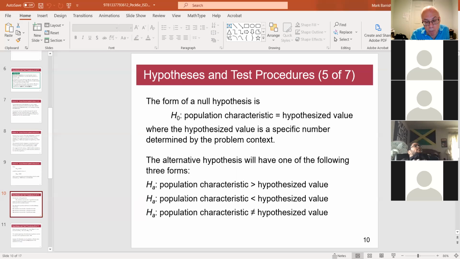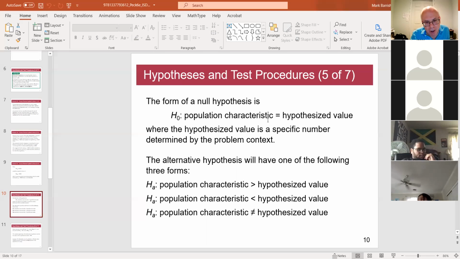And typically a word problem will give you enough information to put in the correct symbol, the mu or the p, and the value to the right of the equal sign and the value to the right of the inequality. Now, one rule is that the null hypothesis will never have an equal sign in it.